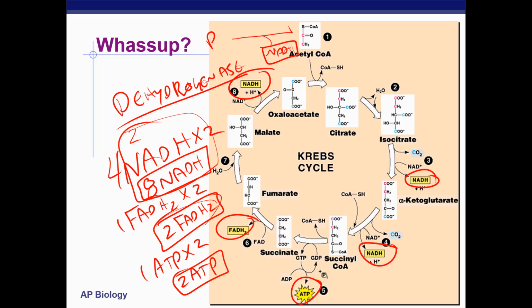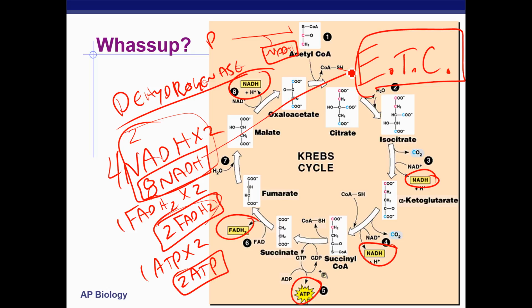So where do the carriers of our electron H pluses go next? And hopefully you have a little bit of background knowledge. The next step in our story, choo-choo, hop aboard. It's the electron transport chain. The ETC, that's where the electron transport chain is going to take our, wait for it, electrons, right?